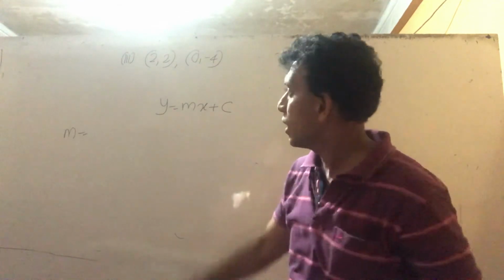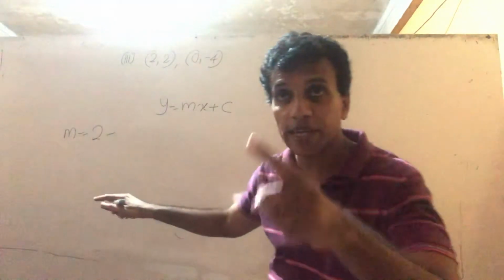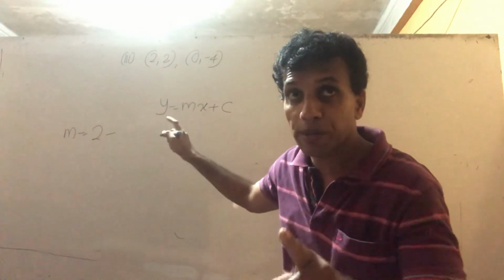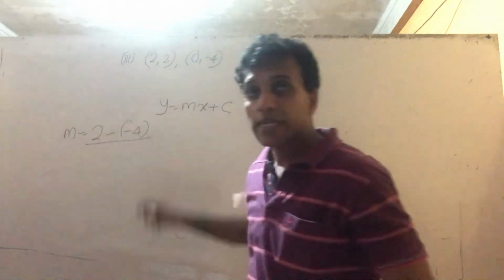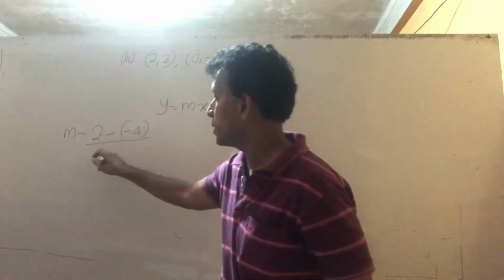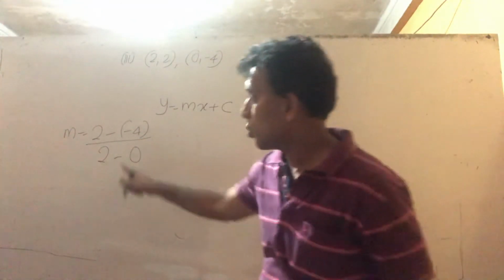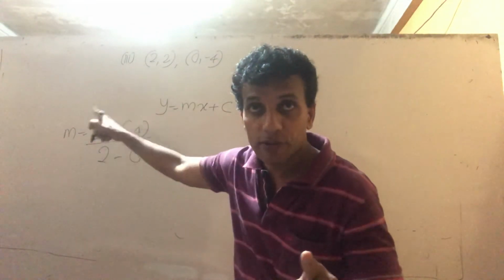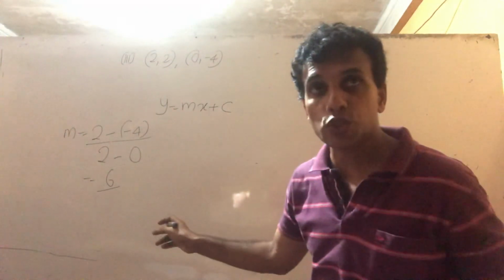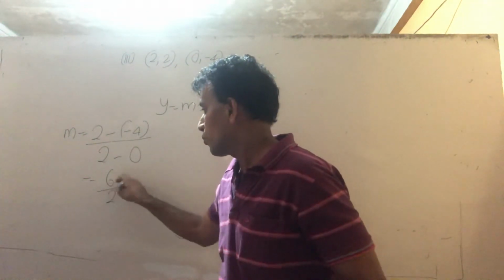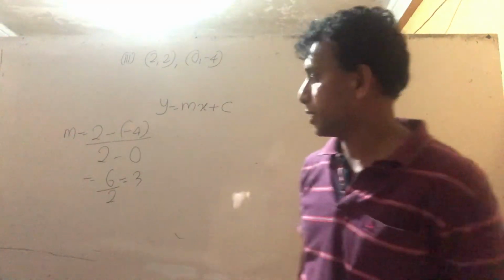I take 2 here as y, subtract minus 4, very important, minus 4, over the same order x coordinates, 2 here and 0 here. Minus minus plus, we have a total of 6. 2 minus 0 is 2. Therefore the gradient is 3.